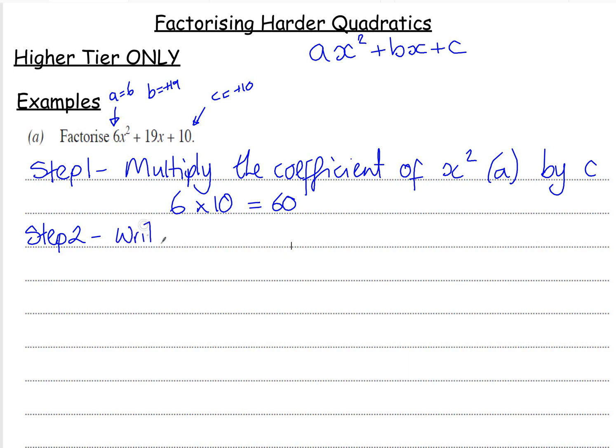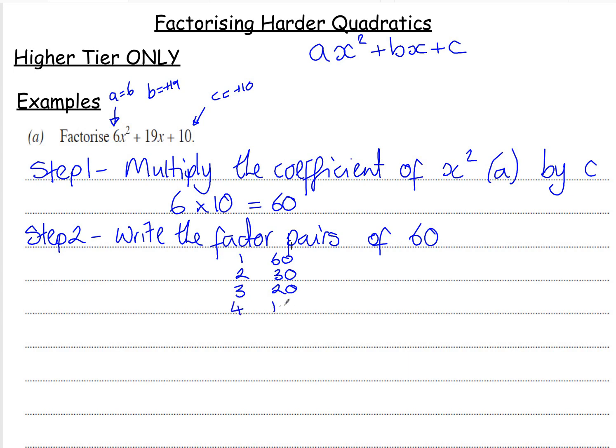Step 2, we write the factor pairs of 60, the result of multiplying a by c. So the factor pairs of 60 are 1 and 60, 2 goes into it 30 times, 3 goes into it 20 times, 4 goes into 60 15 times, 5 goes into 60 12 times, 6 goes into 60 10 times.